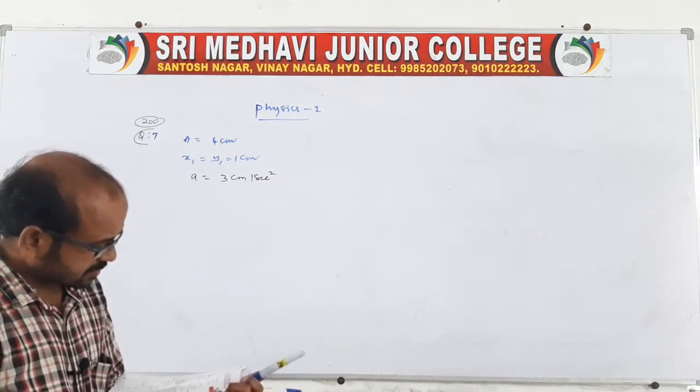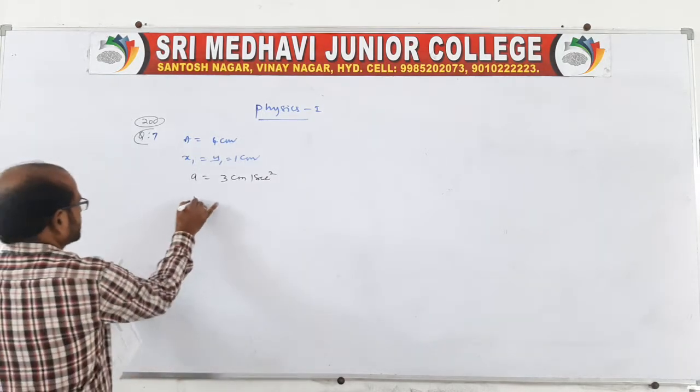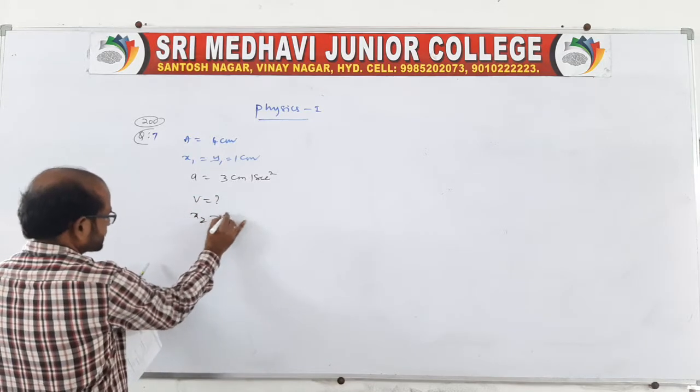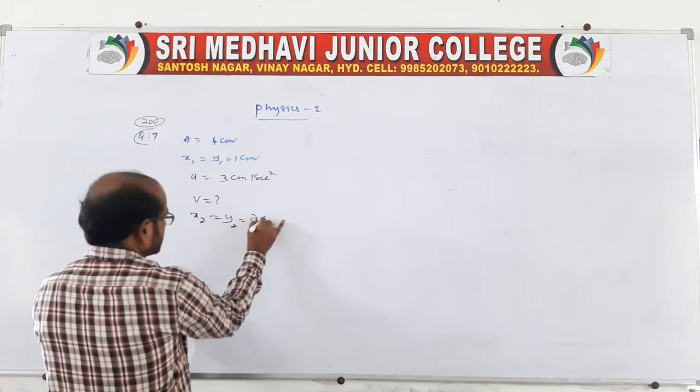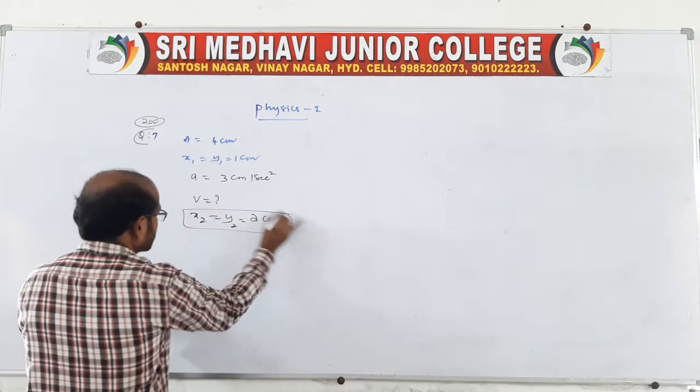What will be the velocity when it is at a distance of 2 centimeter? It is asking the velocity at this distance.